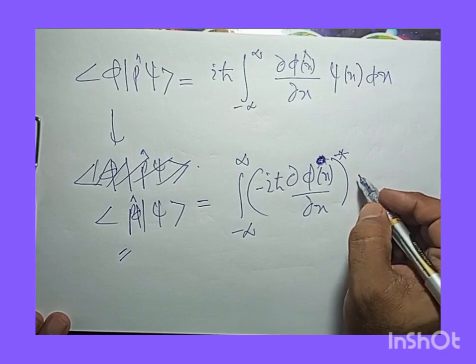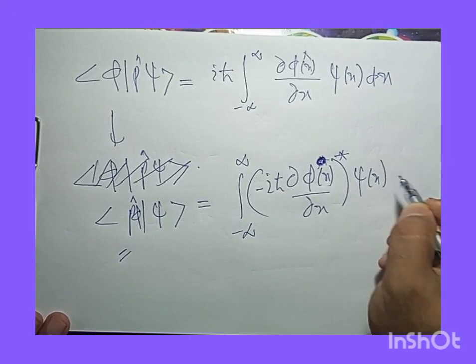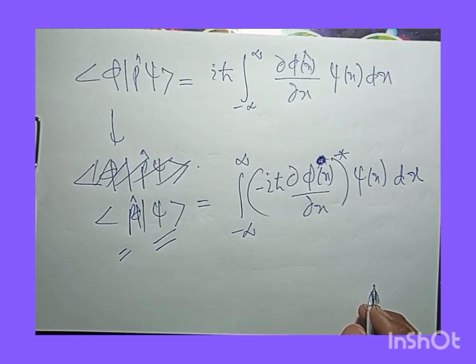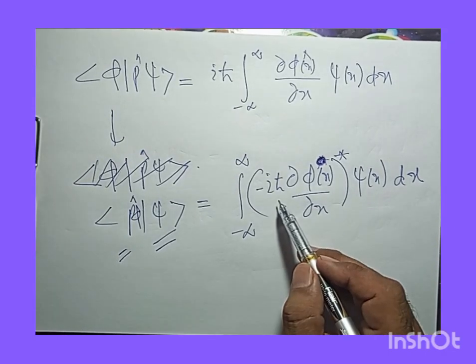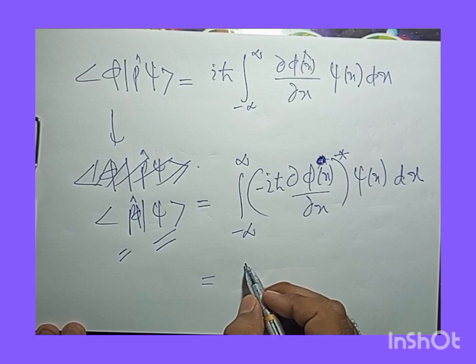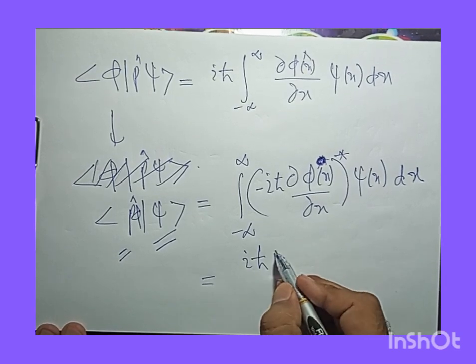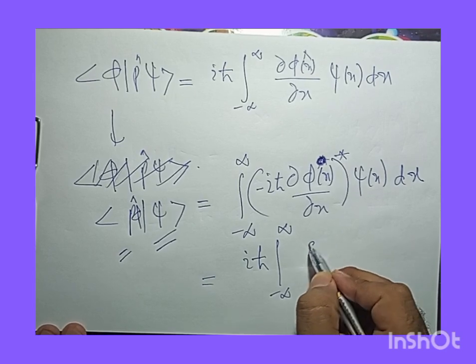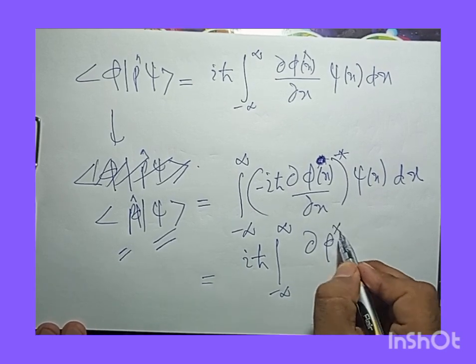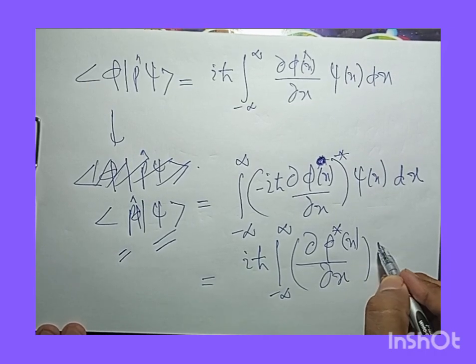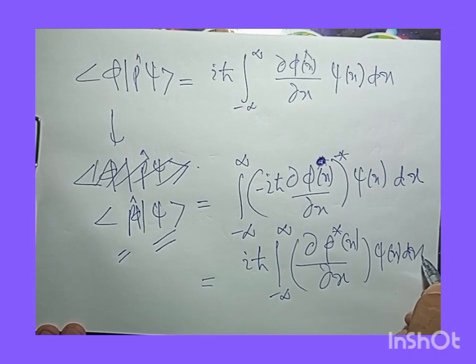Then we have psi of x and dx. The complex conjugate of i will give us i h cross times the integral from minus infinity to infinity of dou phi star of x by dou x, psi of x dx.